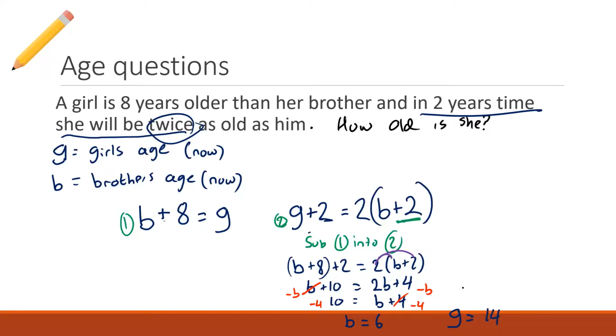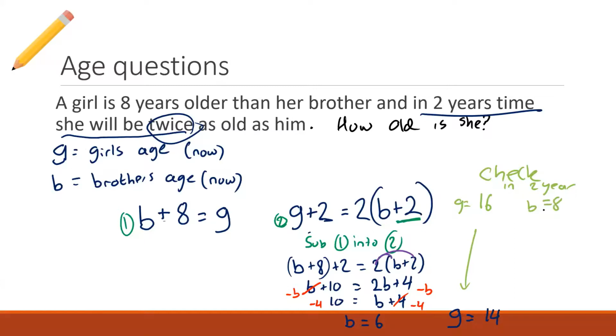And you know what? Let's check this. Let's spend a little bit of time checking. In 2 years' time, the girl will be 16 and the boy will be 8.